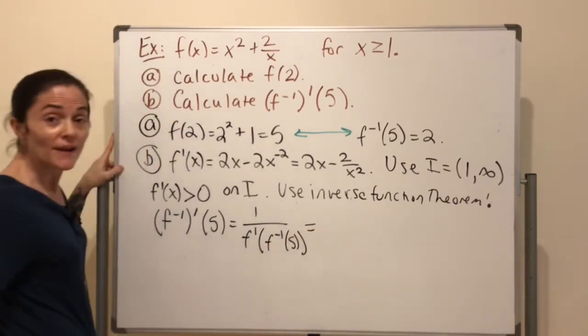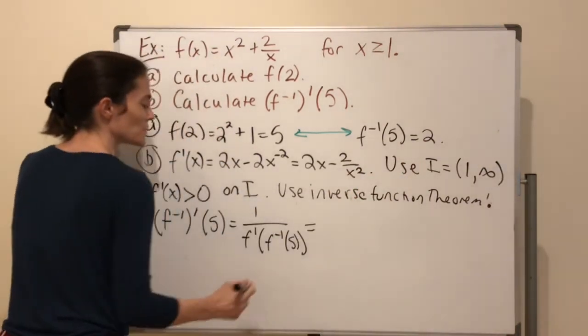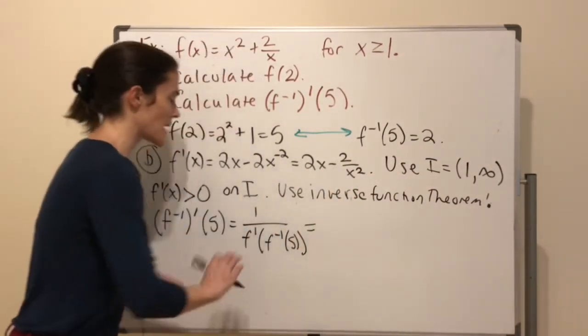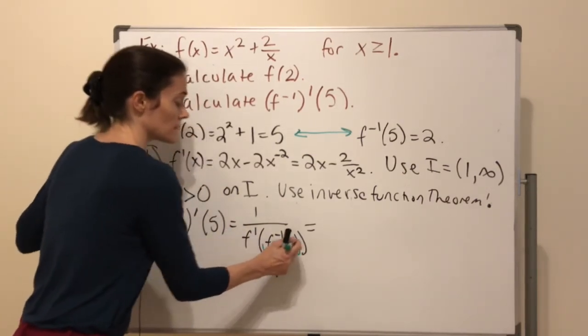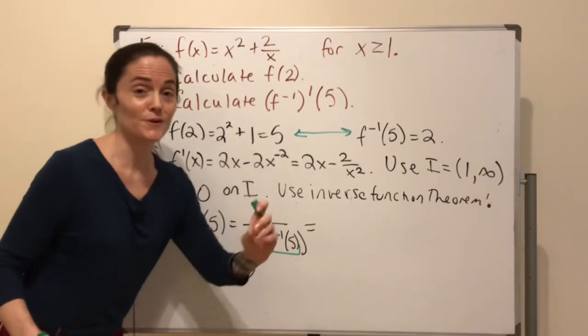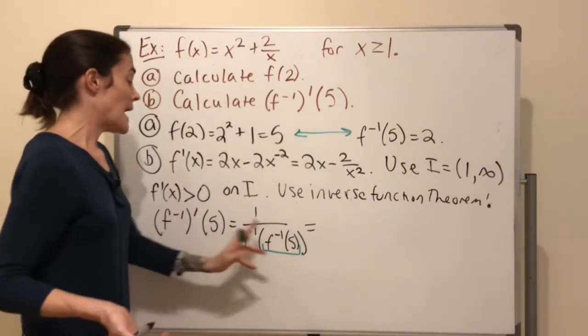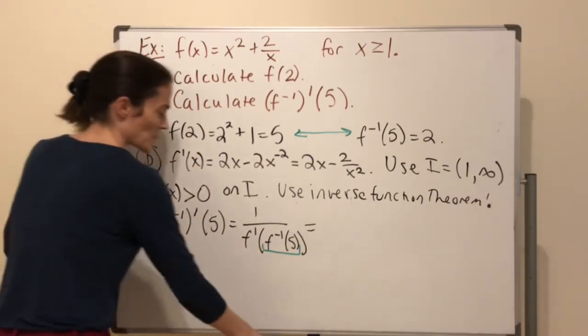And through part A, we already know f inverse of 5 is 2. This is the way I always do the inverse function theorem problems. I always think about this part, I figure out that number first, and then I just have to evaluate the derivative at that number, and take 1 over.